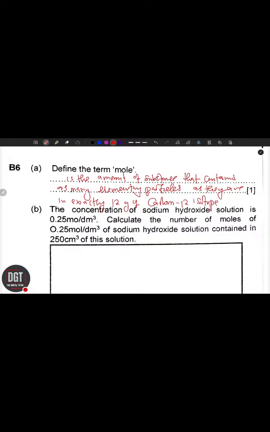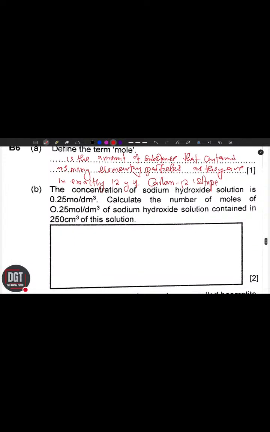That is a mole. Okay, so a mole is just the amount of substance that contains as many elementary particles as there are in exactly 12 grams of carbon.